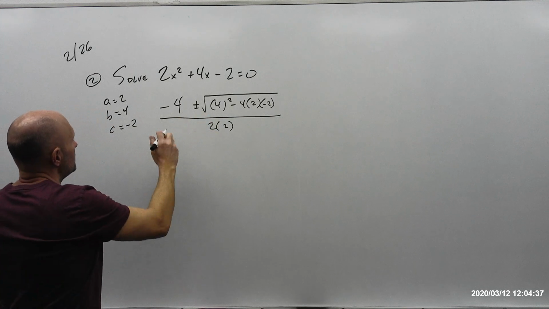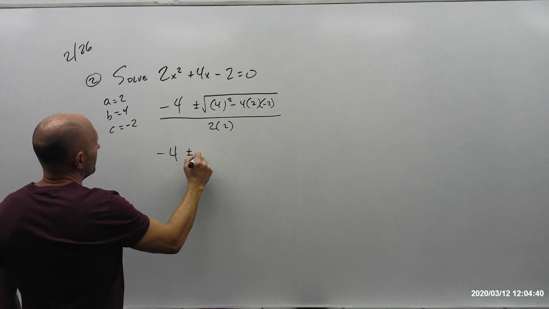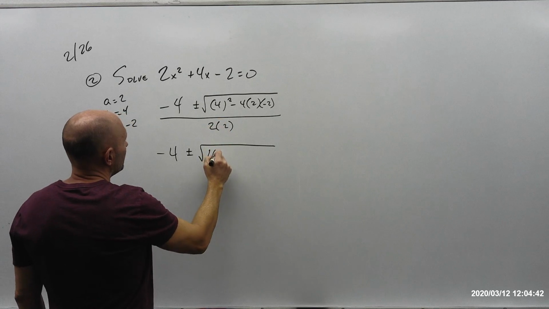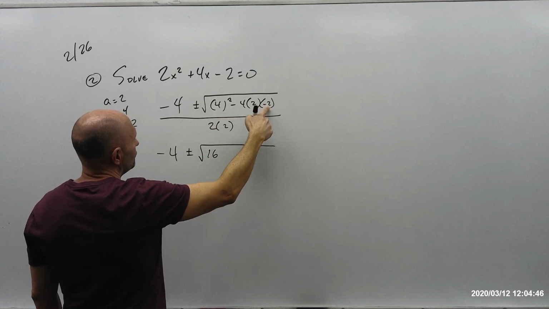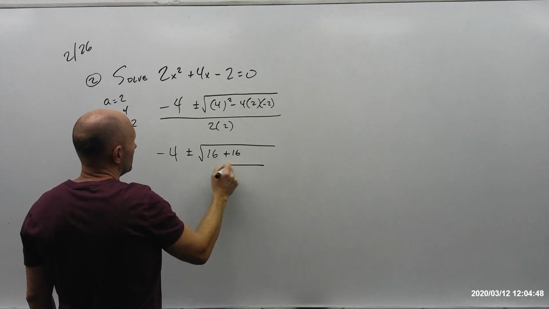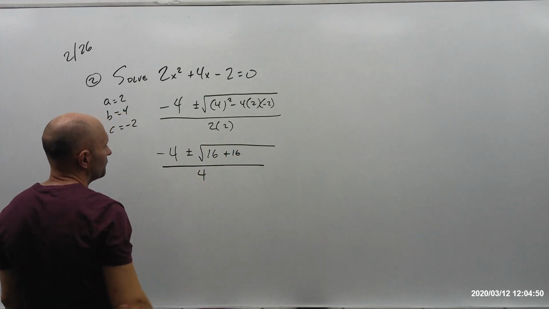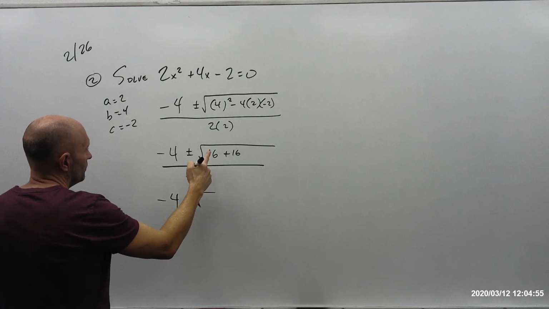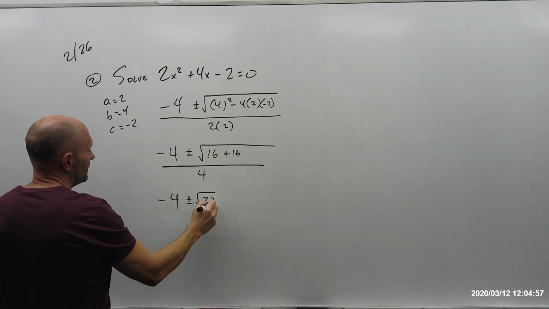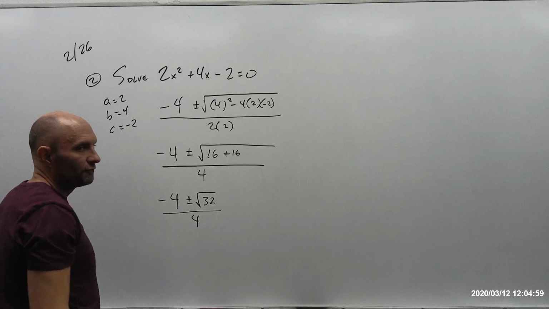Now it's a simplification. So negative 4 plus or minus the square root of 16. Negative 4 times 2 is negative 8 times negative 2 is plus 16. All over 2 times 2 is 4. So negative 4 plus or minus the square root of 16 plus 16, which is 32, all over 4.